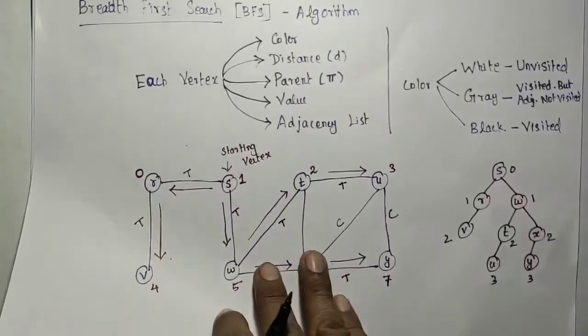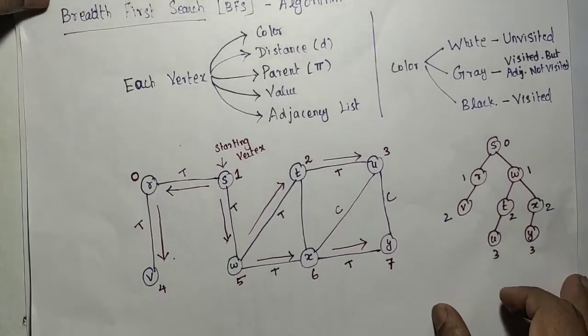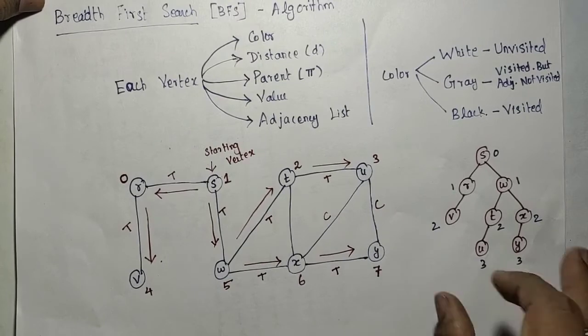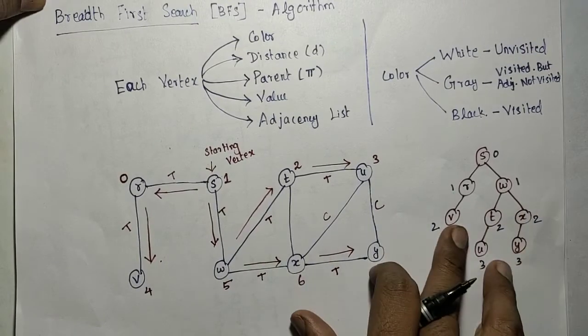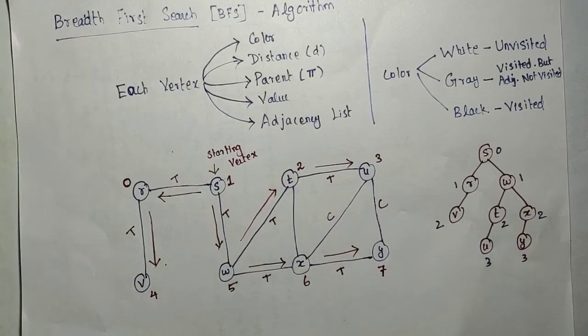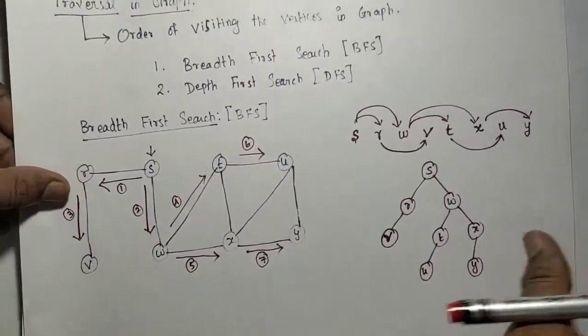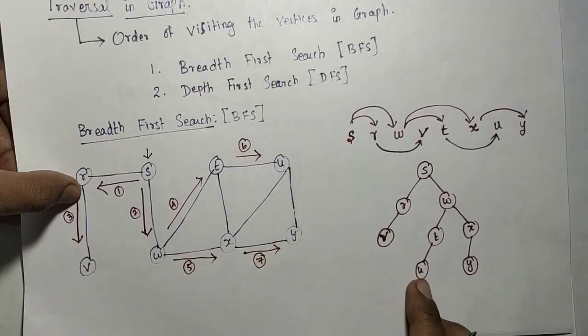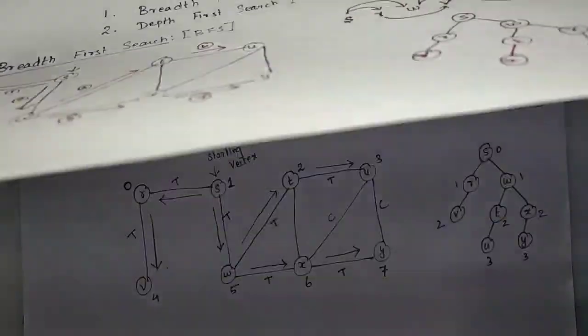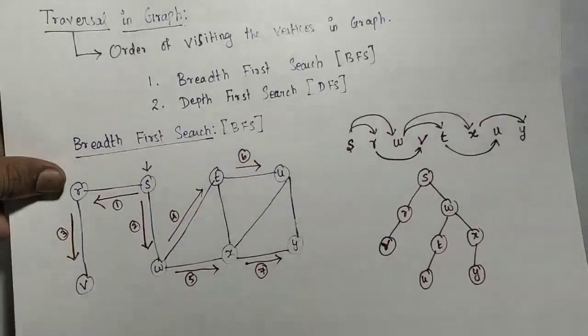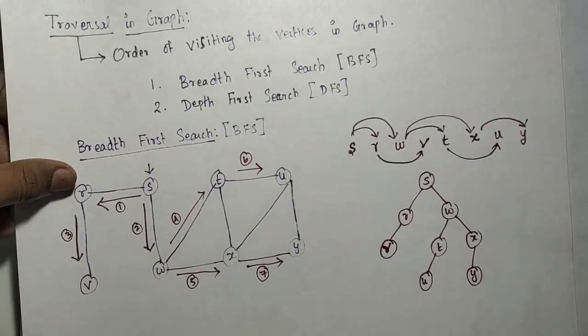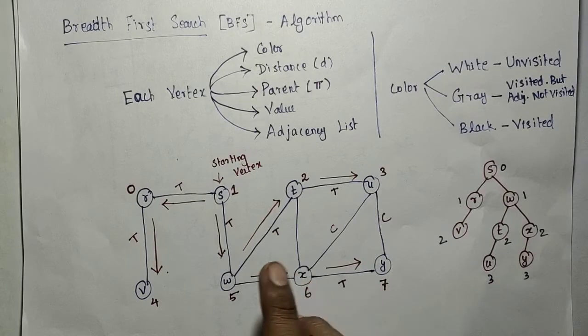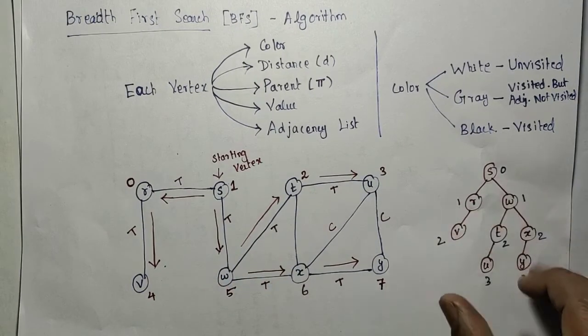And one thing: I already told you that for BFS and DFS there is no unique answer. You may get multiple answers. Initially, for the same graph, I drew the tree like this, correct? So initially for the same graph we obtained this tree.